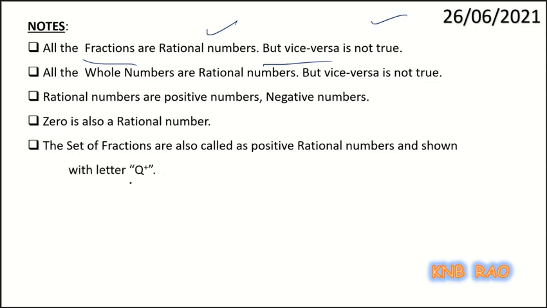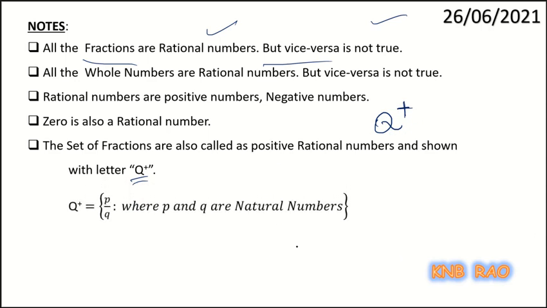It is shown with the letter Q plus. Positive rational numbers are shown with the rational number set notation Q with a plus on top of it, which we call positive rational numbers. And all positive rational numbers give the same numbers which are fractions.